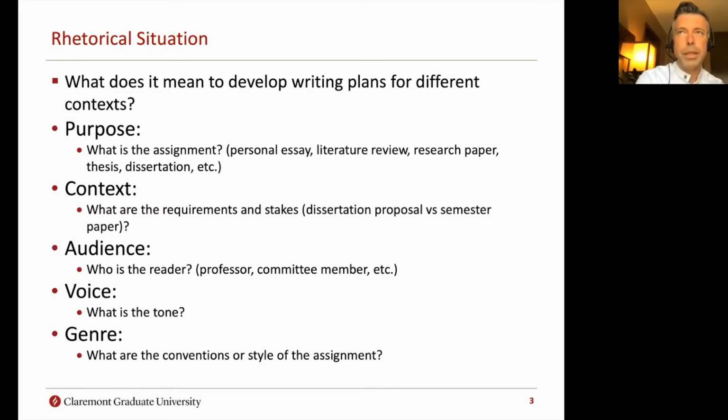So your ability to meet the established genres within your discipline are often going to be required through coursework to show that you can do the things that are necessary within the field.